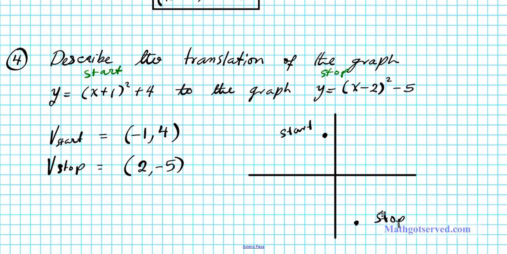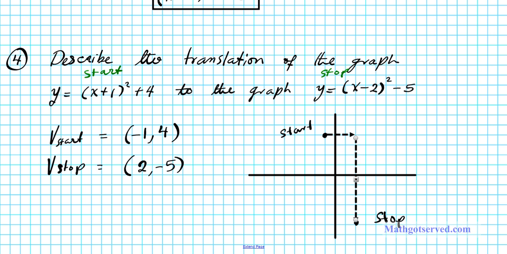So how many units do you move right and down to get to the stopping point? You're going to move 1, 2, 3, 3 units to the right. And you're going to move a total of 1, 2, 3, 4, 5, 6, 7, 8, 9 units down, okay?